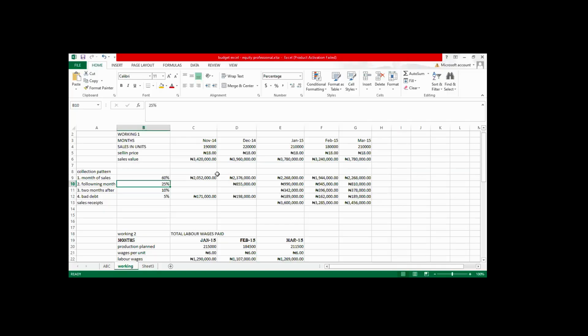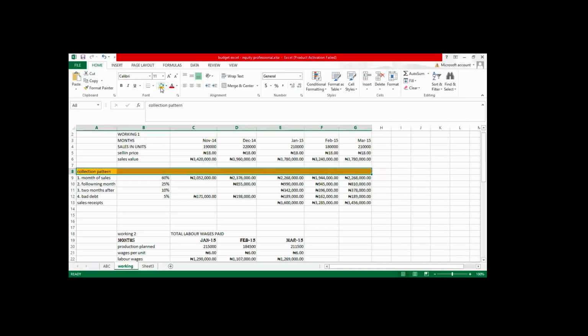Look at it here, please. You observe that it was placed under December. We are going to collect this money in December. This is our collection: 25% to be collected in December.